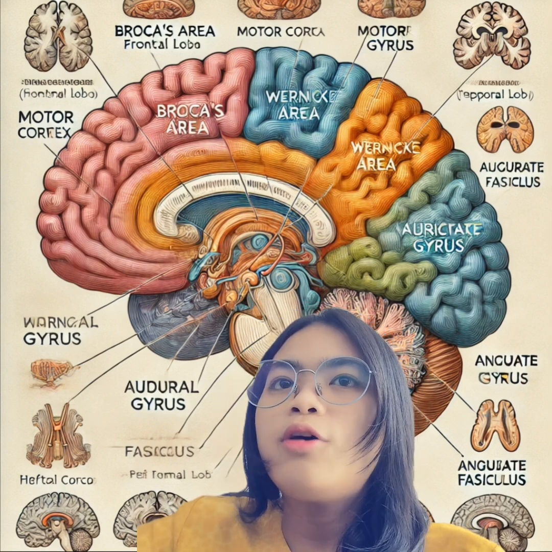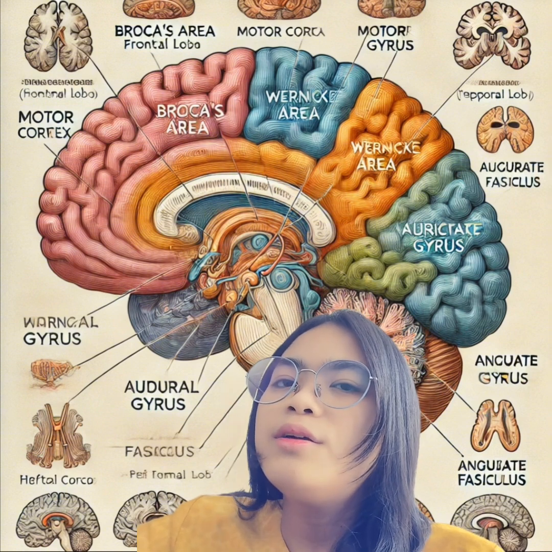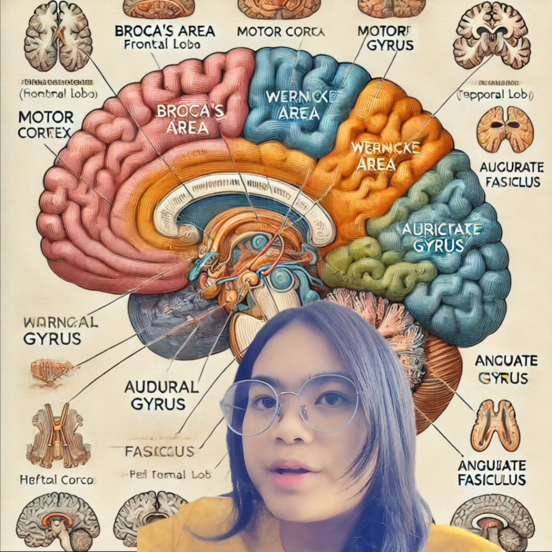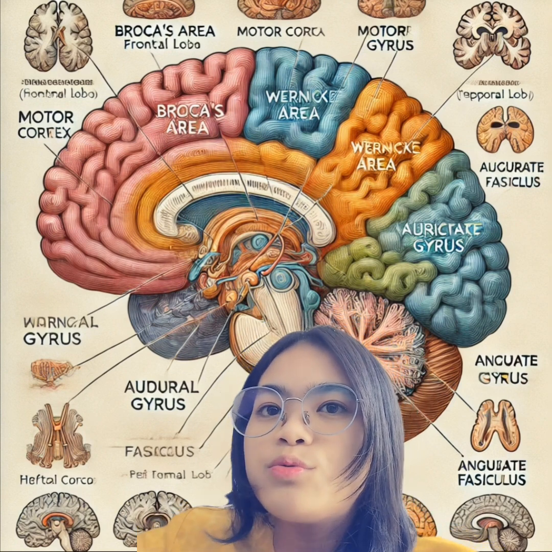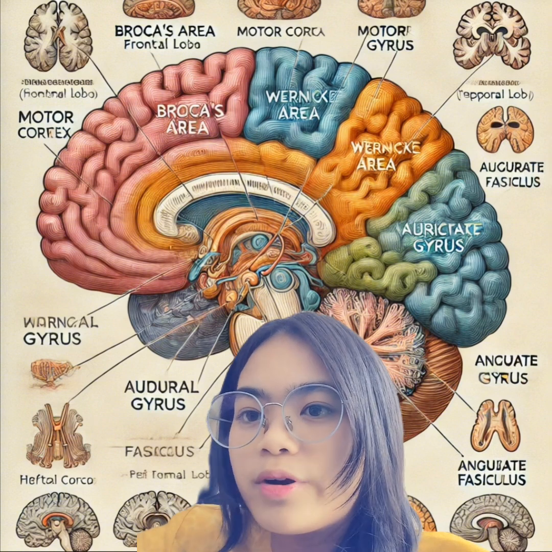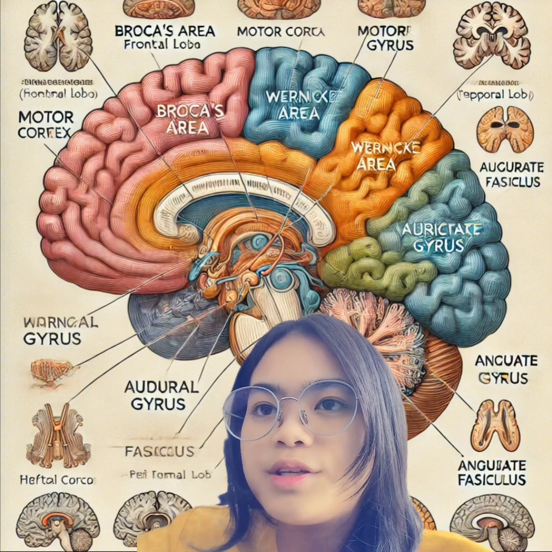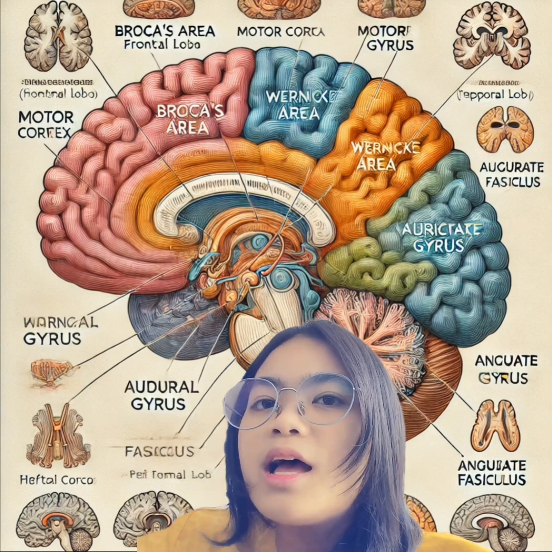So, how does brain damage affect speech? Here we have aphasia, which is a speech and language impairment. The damage goes to Broca's and Wernicke's areas, where it can lead to difficulties in speaking, understanding, reading, and writing.